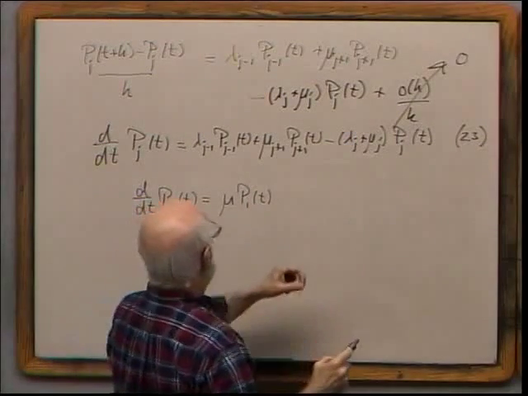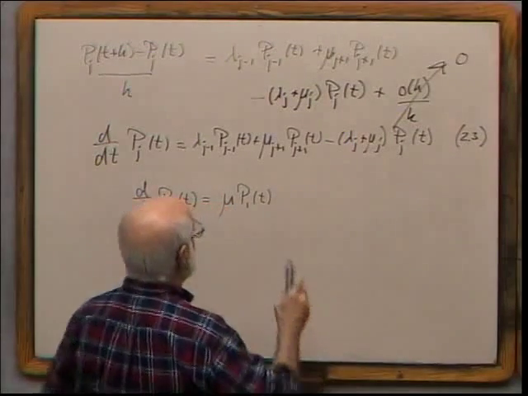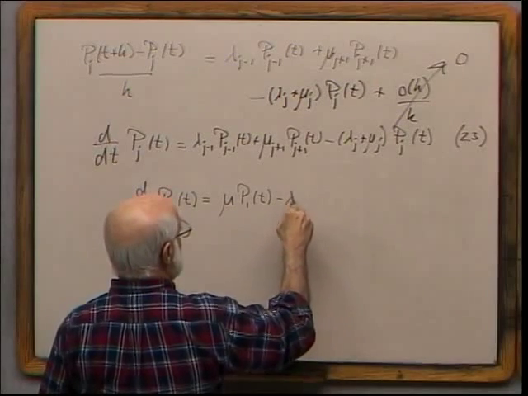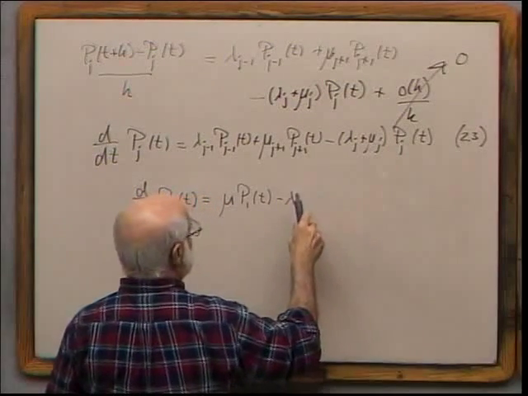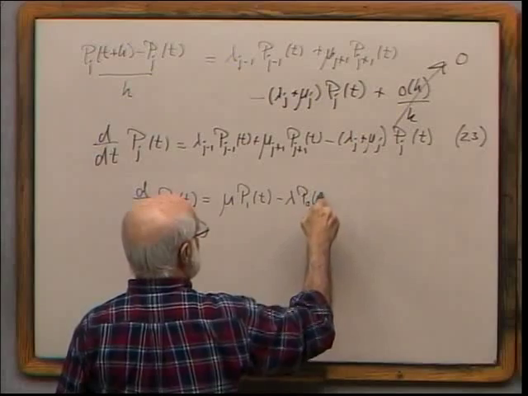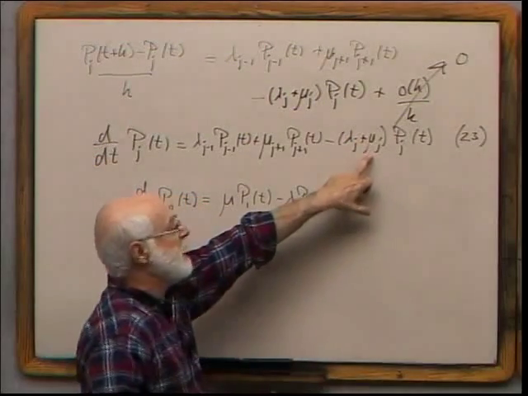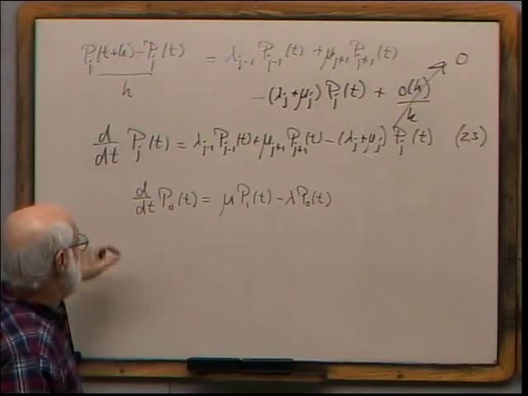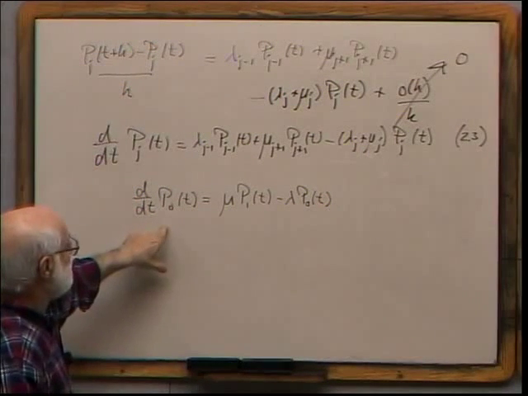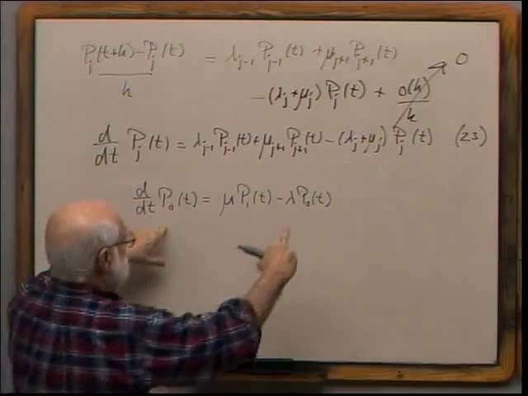This is going to be lambda 0, which is lambda times P0 of t. And this is going to be 0 because we don't allow death when I'm in state 0. So this relates P0 and its derivative to P1.